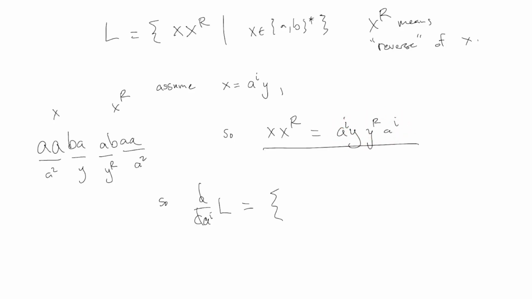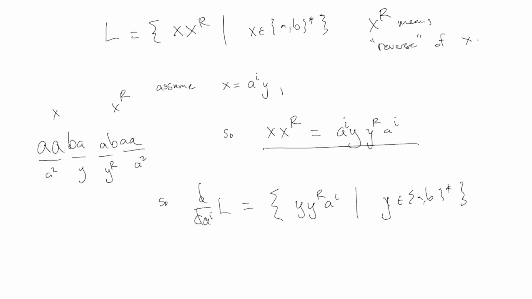And so this set looks like that, y in ab star. You have to really think carefully about this. To go from here to here is a weird answer to get starting from there. But you have to think through exactly what this string is going to look like, and then what's left over once I cancel a's off the front of it.